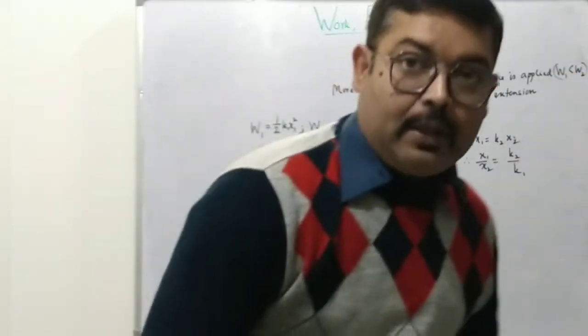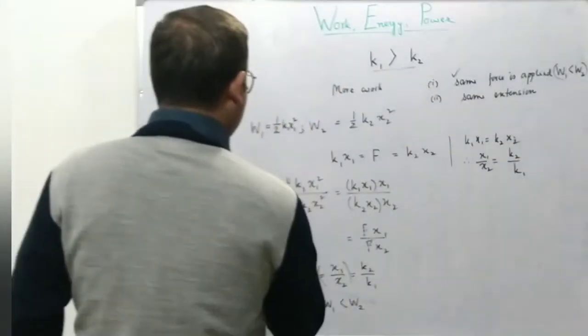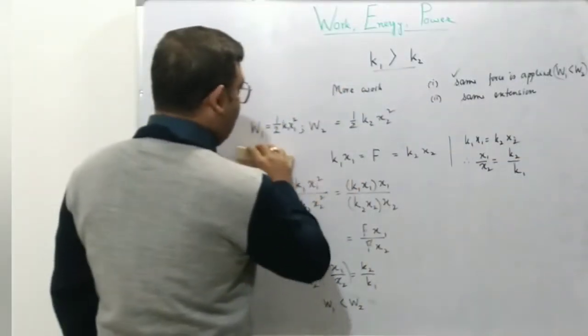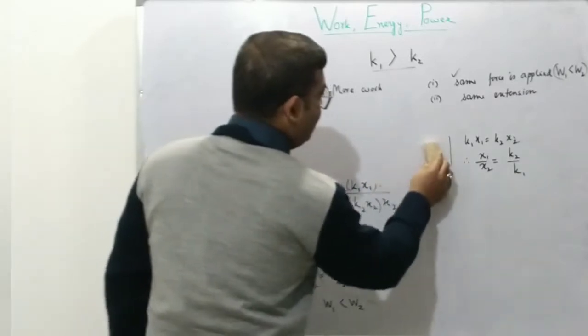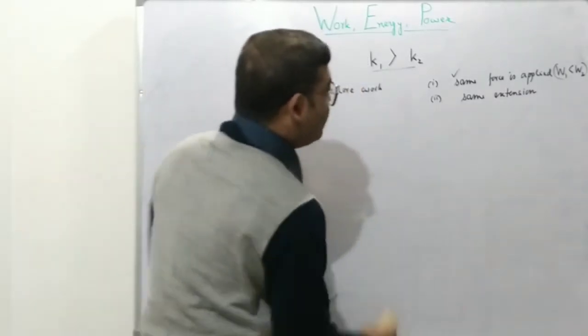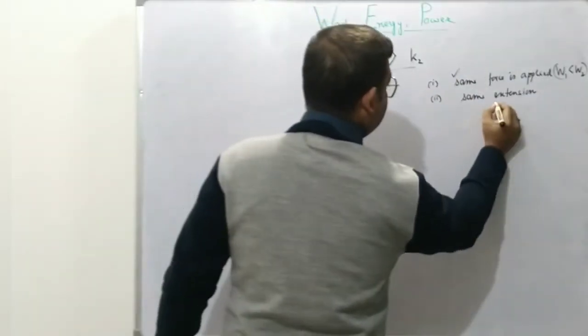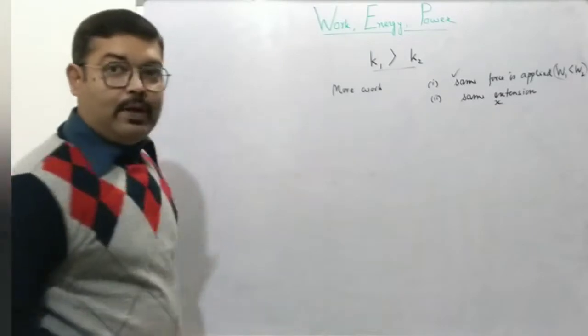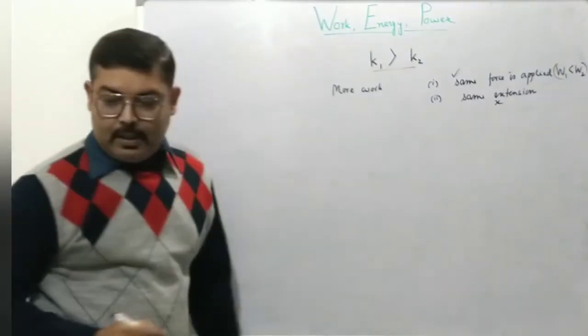Now for the second part. What has been given is that both the springs have the same extension. Let's call this X. So X1 equal to X2, right?